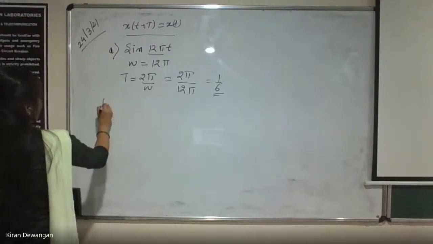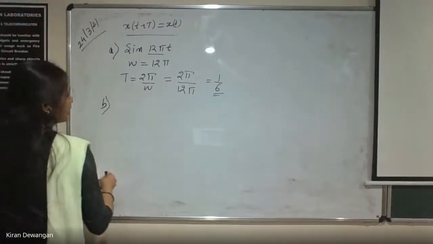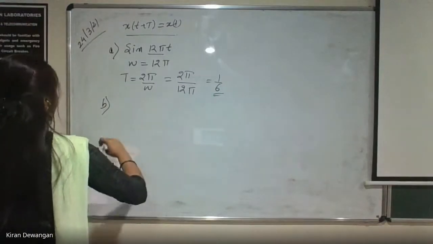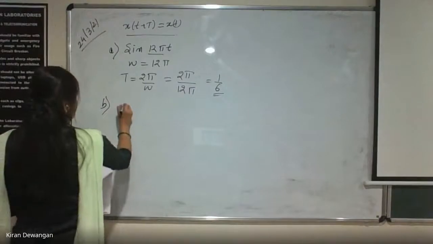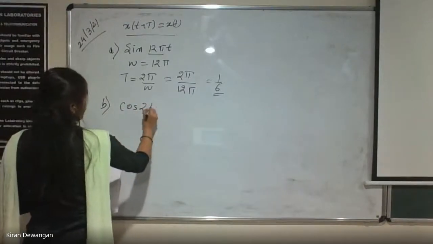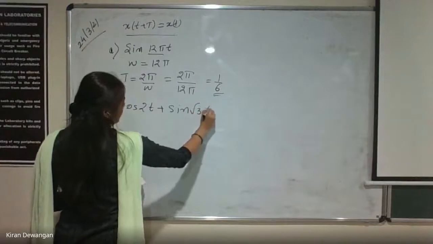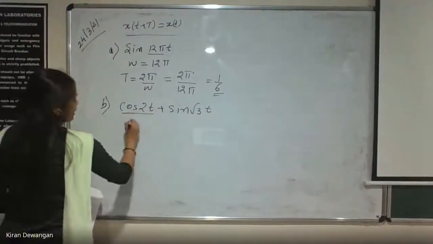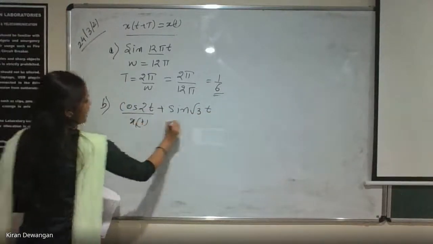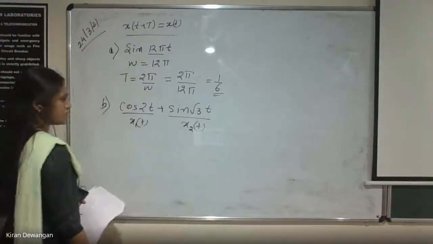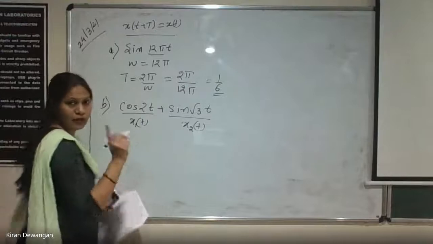Now let us write another question. We will take the sum of two signals: cos of 2t plus sin of root 3 t. This is my x1(t) and this one is x2(t). In both cases I have to check for the fundamental period.